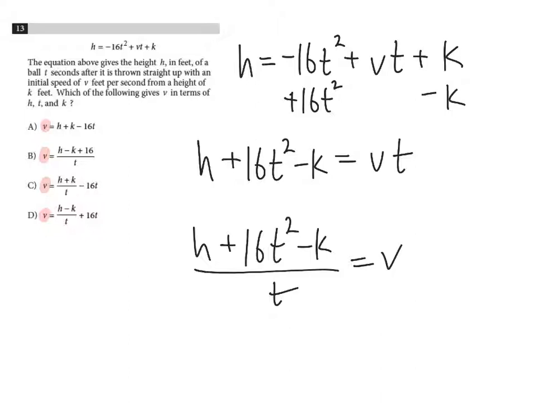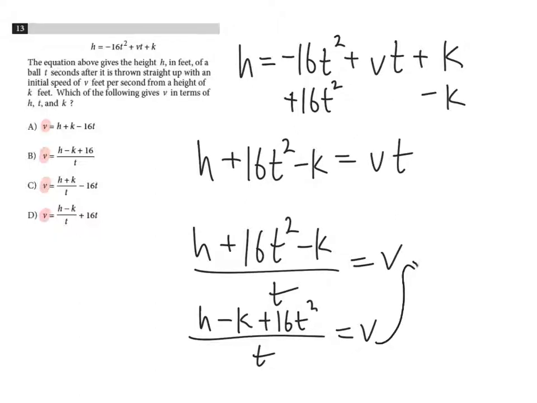Okay, so what I'm going to do is write this as h minus k plus 16t squared over t equals v. Now I can separate that into two fractions.